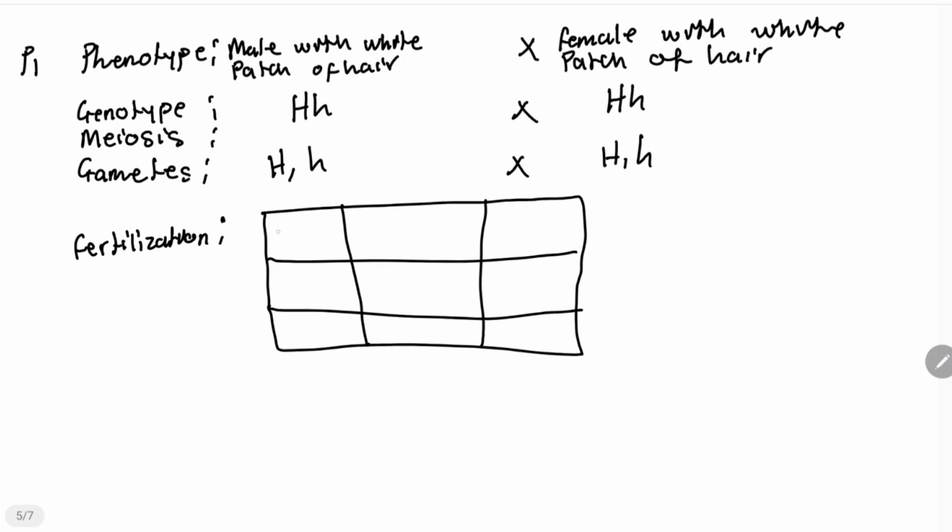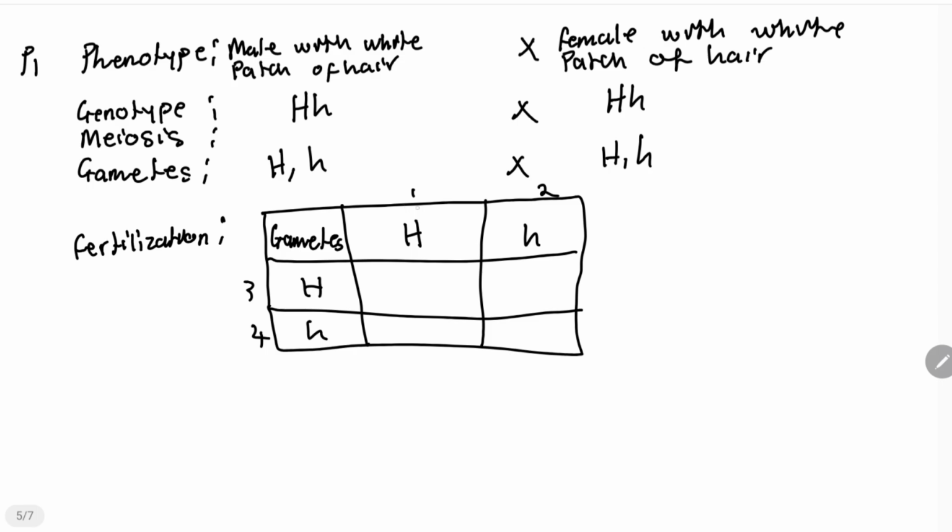Right? In the top left, I have to write gametes again. And then in box number 1 and box number 2, I'm going to write the gametes of the father, starting with capital letter H in box 1 and small letter h in box 2. In box 3 and box 4, I'm going to write the gametes of the mother, starting with capital letter H in box number 3, small letter h in box number 4.